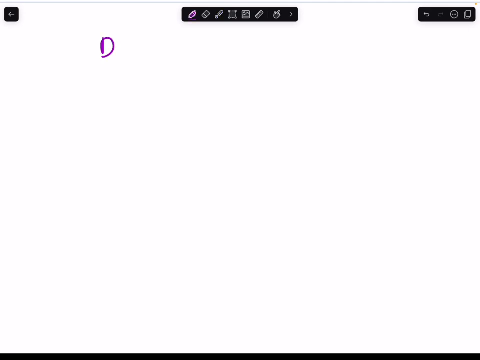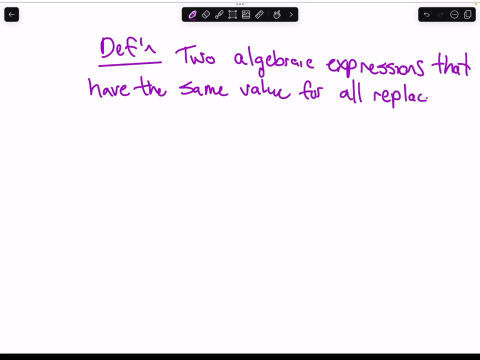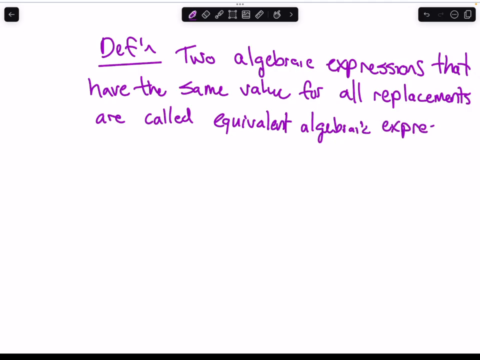So we say that two algebraic expressions that have the same value for all replacements are called equivalent algebraic expressions.